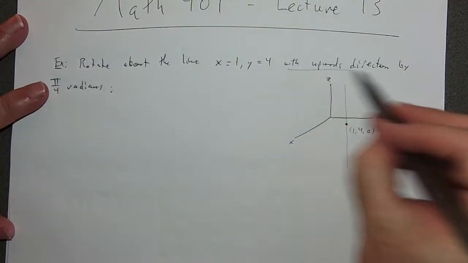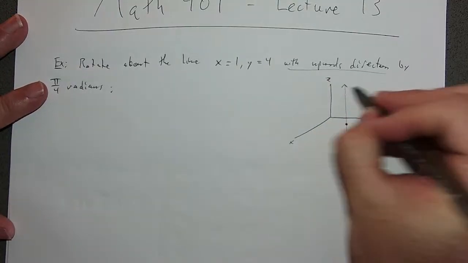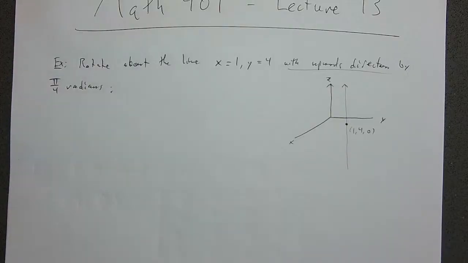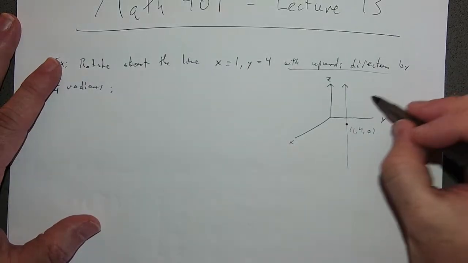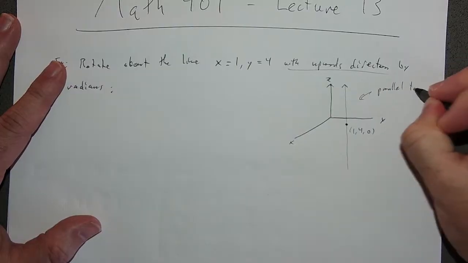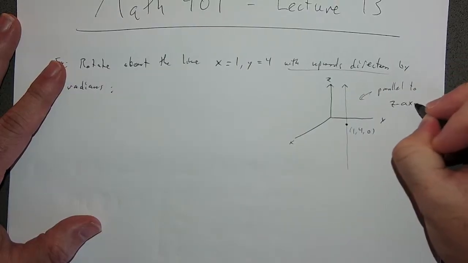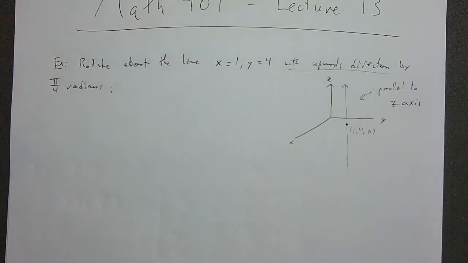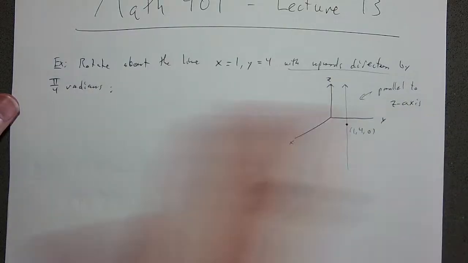This with upwards direction is saying that it is oriented in the same way that the positive z-axis is oriented, right? What you notice about this picture is that this line is parallel to the z-axis and shares the same orientation here. And so what matrix ultimately should I use in order to rotate about this line?